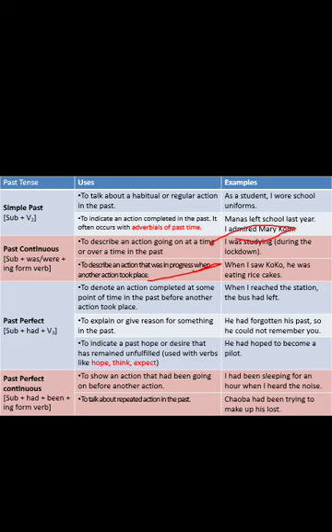But the action of seeing is just momentary. So that shorter action is usually written in simple past, whereas the action which is going to take place for a longer period of time is written in past continuous.